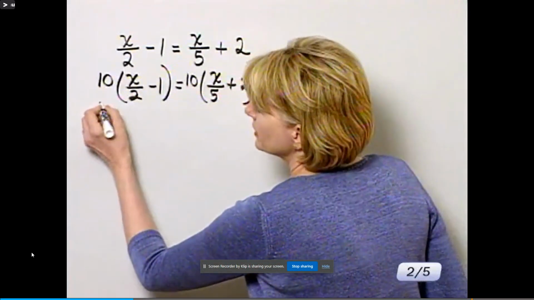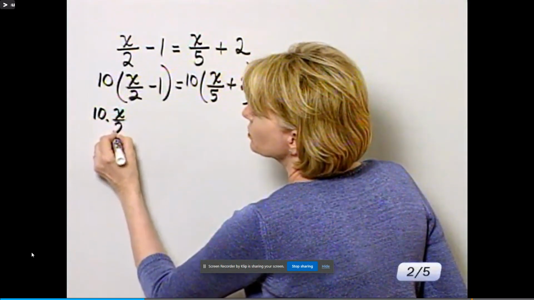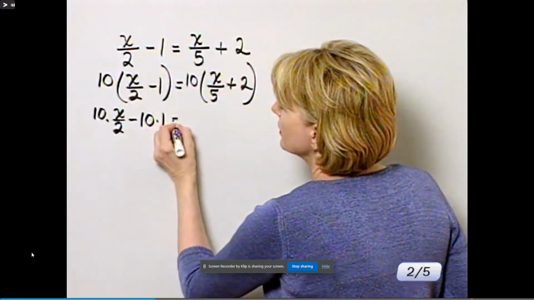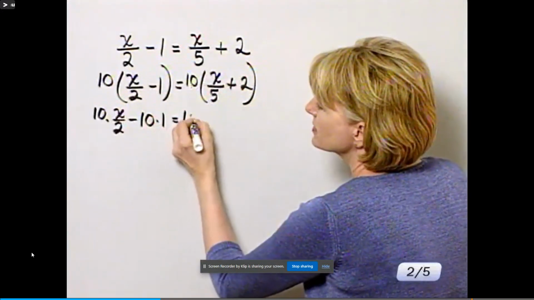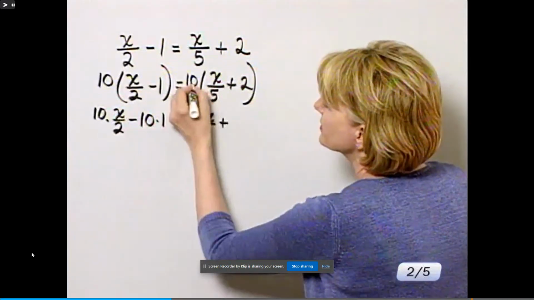So I'm going to go ahead and use the distributive property. It's 10 times x over 2 minus 10 times 1 is equal to 10 times x over 5 plus 10 times 2.